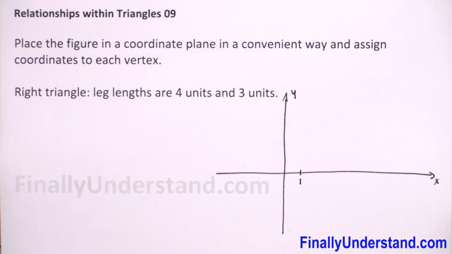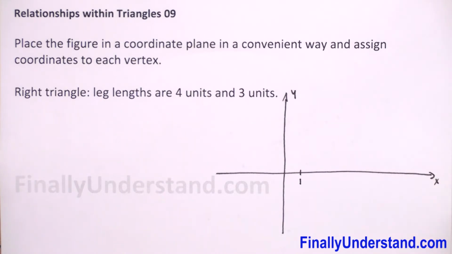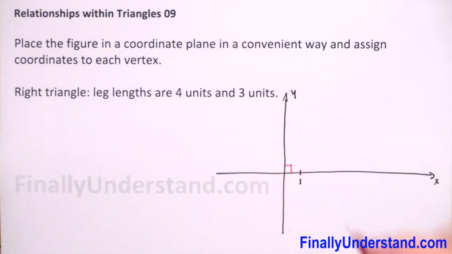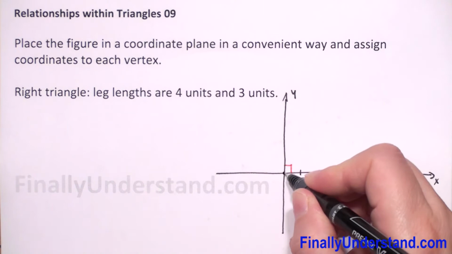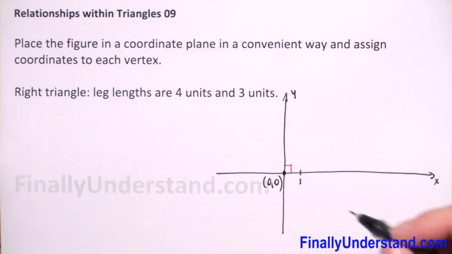And next, because we have a right triangle and we know that between the y and x-axis is a right angle, so we will place our triangle at the origin. The first vertex will be 0, 0.